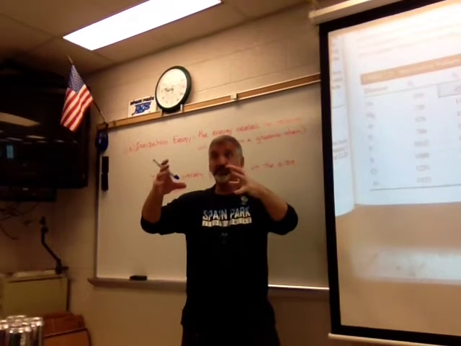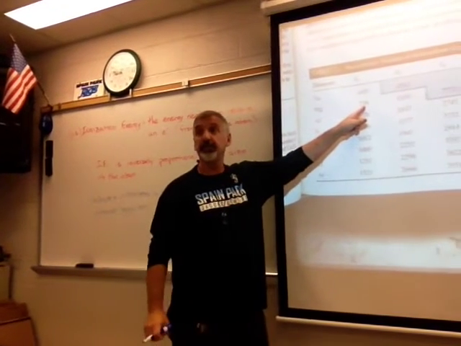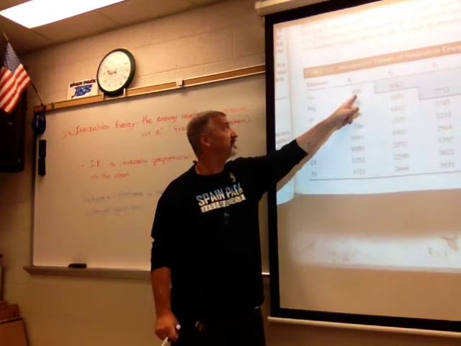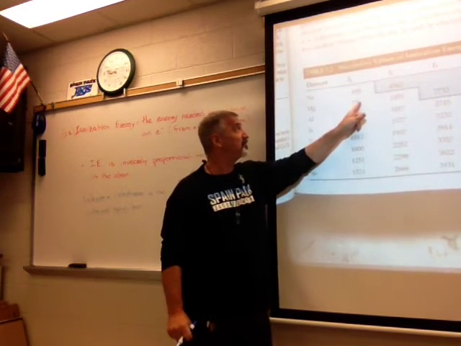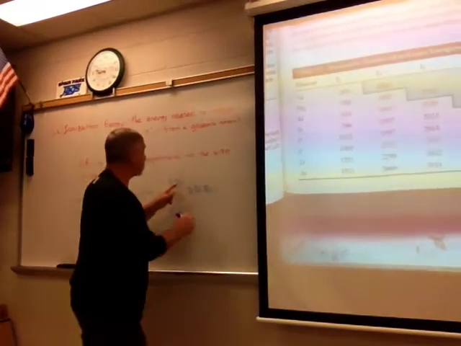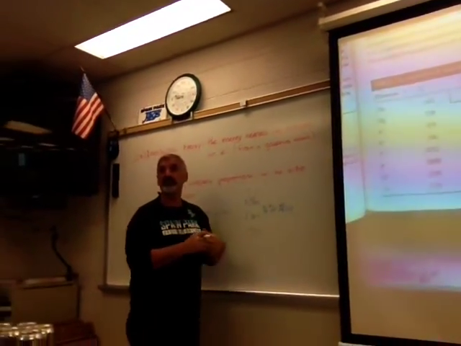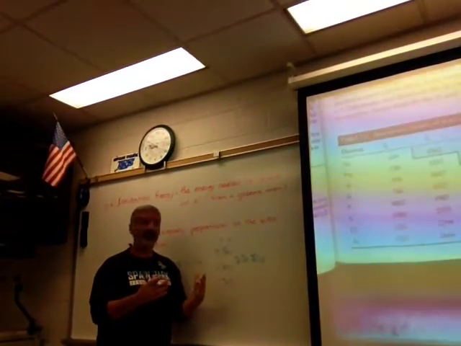Because the 12 protons pulls that electron cloud in a little bit more tightly. So it takes a little bit more energy to remove that first electron from magnesium than it does sodium. Okay? But now after it loses one, now the second one takes more because now you're taking something positive away from something negative. Okay? So that makes it a little bit harder.